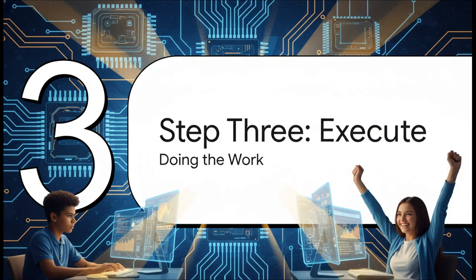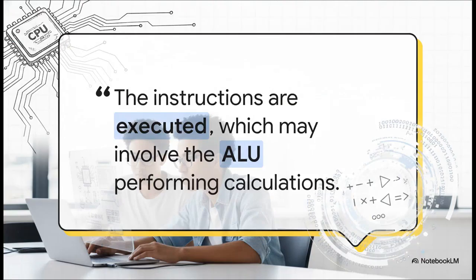Which brings us to the final and most important step, execute. The CPU has fetched the instruction, it has decoded it, now it's finally time to actually do the work. To finish our example, this is where the instruction is finally processed. A special part of the CPU, called the arithmetic logic unit, or ALU, steps up to the plate. It's the part that does all the heavy lifting, all the math and logical comparisons.